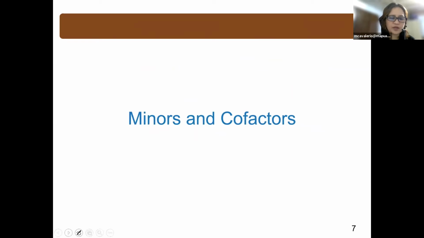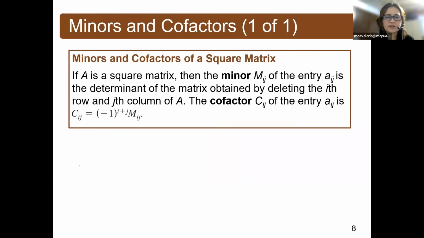Now, what are minors and cofactors of a matrix? If A is a square matrix, then the minor M sub ij of the entry A sub ij is the determinant of the matrix obtained by deleting the ith row and jth column of A. The cofactor C sub ij of the entry A sub ij is simply the sign of the minor.